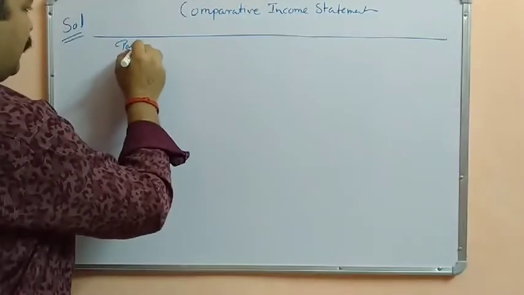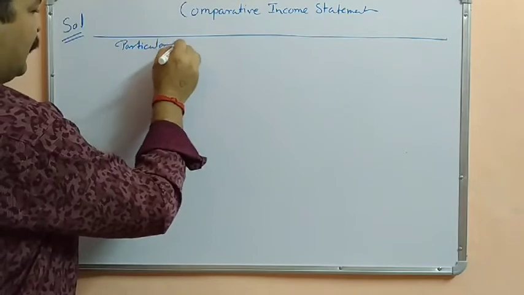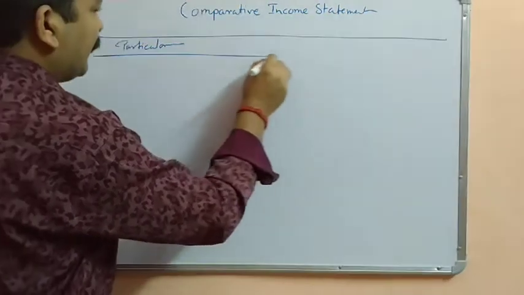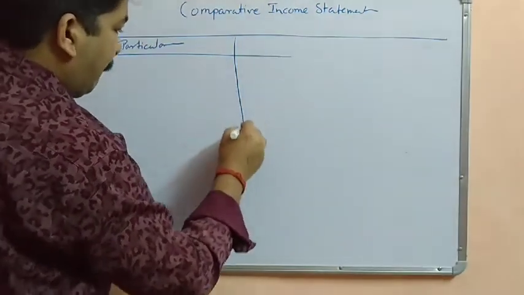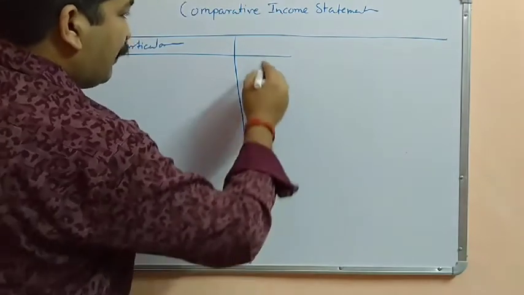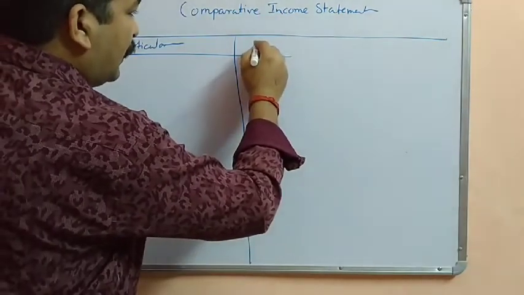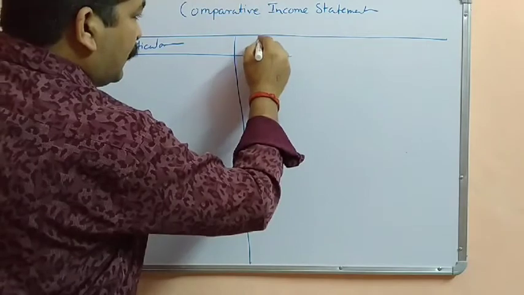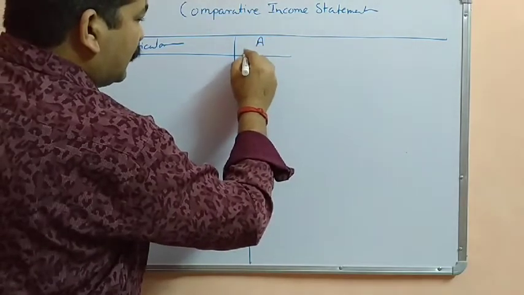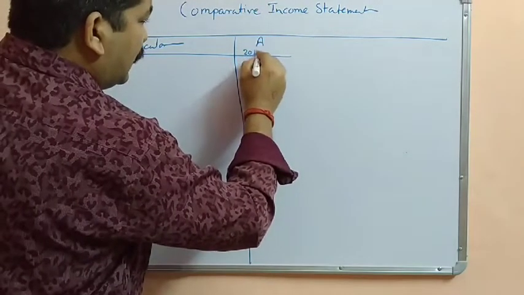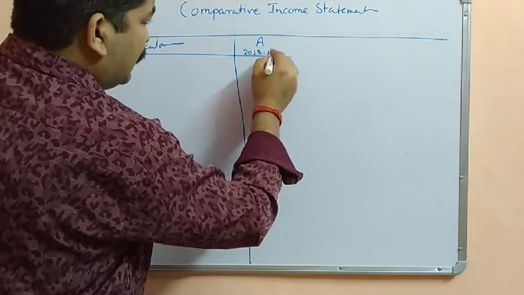So particular, column A, that is for the year 2018 and 19.